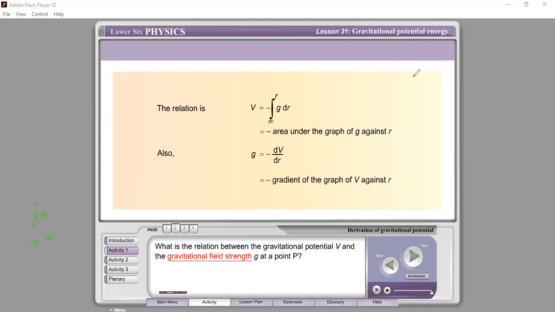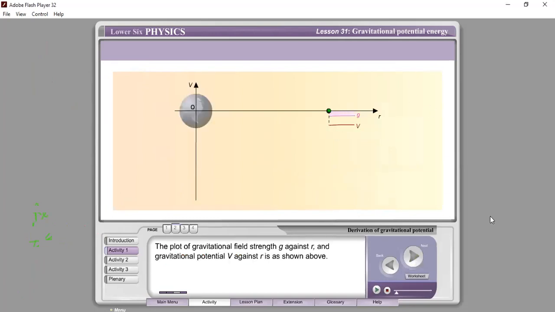Okay, let's move to the next slide. The plot of gravitational field strength G against R and gravitational potential V against R is as shown above.